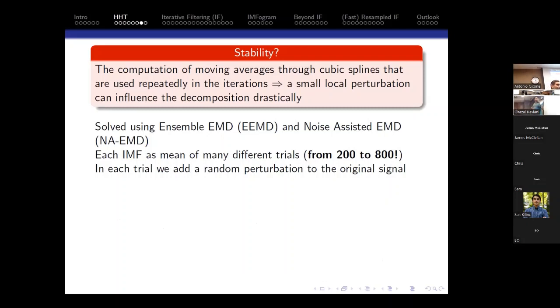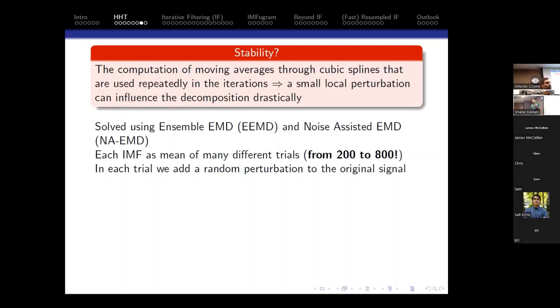It works. I mean, it does stabilize the problem, but there are two issues. First of all, you have to have a big number of perturbations to make sure that the noise you inject cancels, because those are random but independent realizations. So to have a perfect cancellation, you have to have hundreds of them. The second issue is that it's really, really slow.